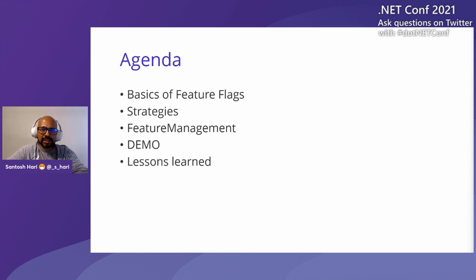So the agenda is I'll be flying through the basics and some strategies on feature flags. I will be talking about feature management, which is the hero of the show. And then I'll do some demos or at least walk through the code, depending on how much time I have. And then we will quickly touch on some lessons learned from when I used feature flags.